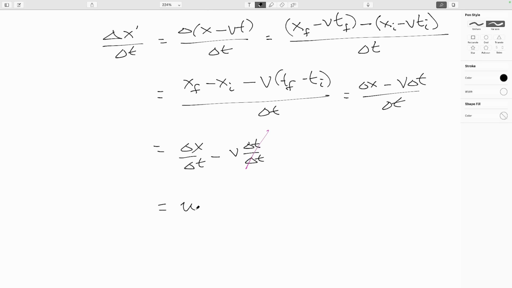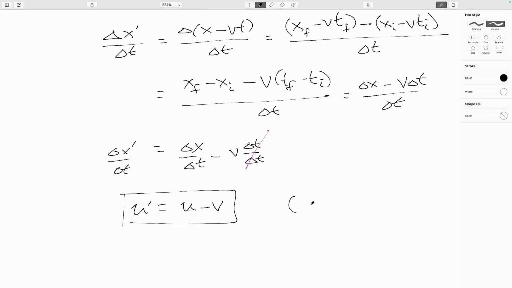So this is u minus v, and I'll rewrite it here just so we remember. The time rate of change of the position that s prime measured is the velocity that s prime measures. So the velocity that s prime measures is the velocity that s measures minus the relative velocity between the observers.